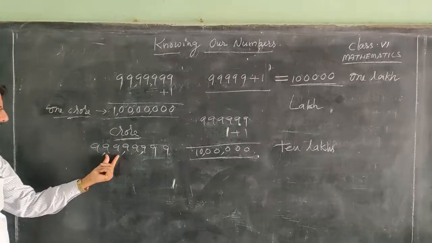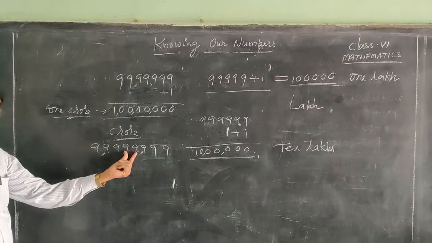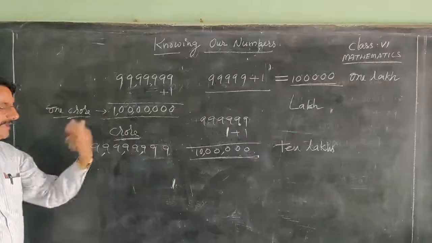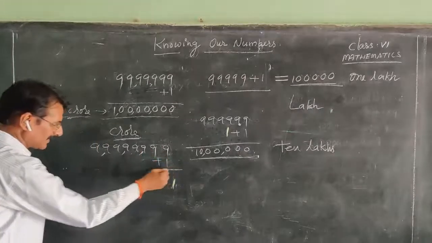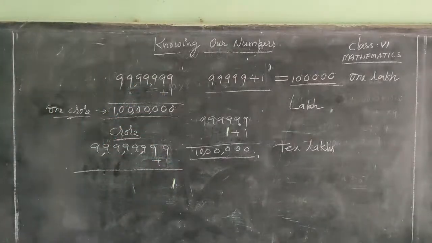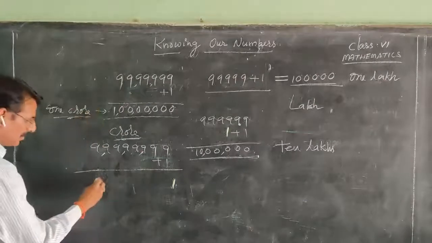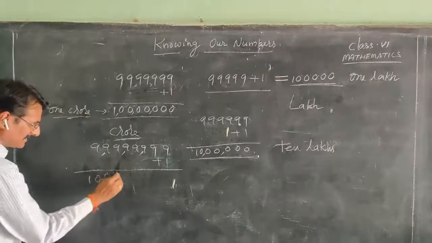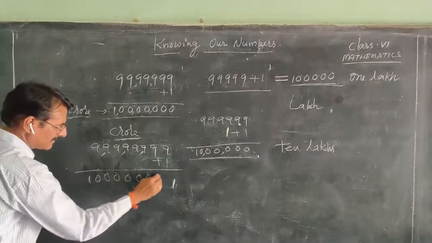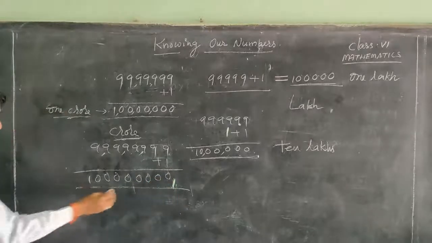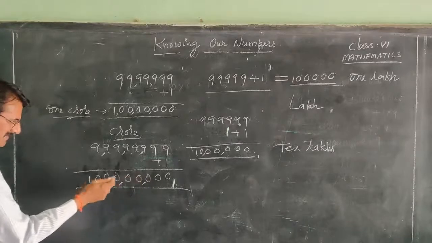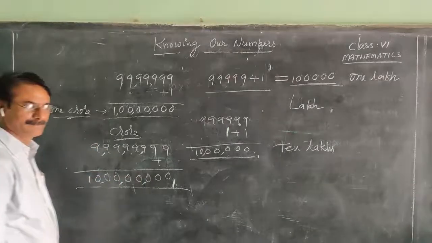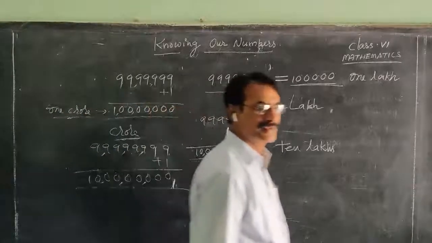99 lakh 99,999. And if we add 1 to this one, we get a new number. 4, 5, 6, 7, 8, 9. It is a 9-digit number.